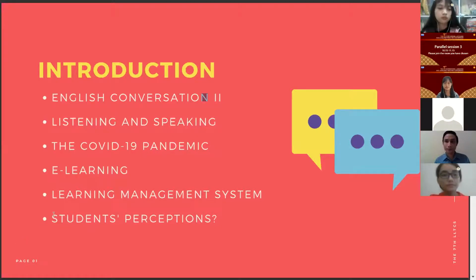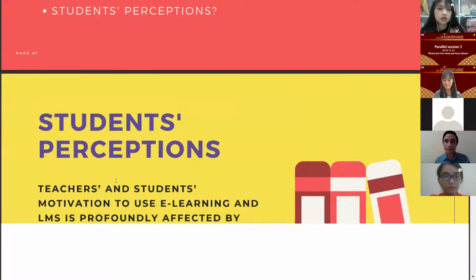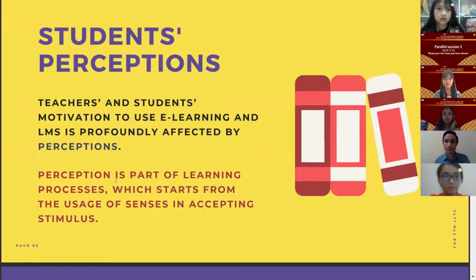Therefore, based on these issues and problems, we investigated the students' perception of the implementation of e-learning and also the learning management system in our university, which is Belajar USD, during the COVID-19 pandemic. As for the students' perception, we cannot separate e-learning from traditional learning.